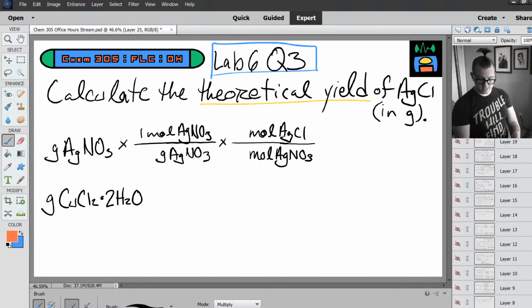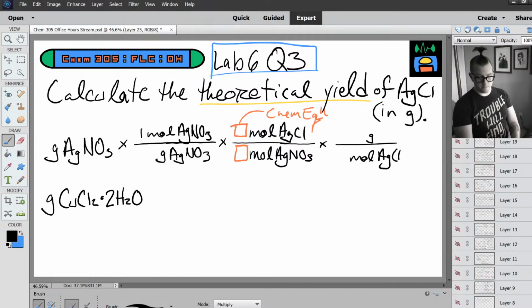And these molar ratios come from the chemical equation, right? The balanced chemical equation. Finally, you use the molar mass of silver chloride to convert from moles of silver chloride to grams. All right, and that gives you one possible answer.